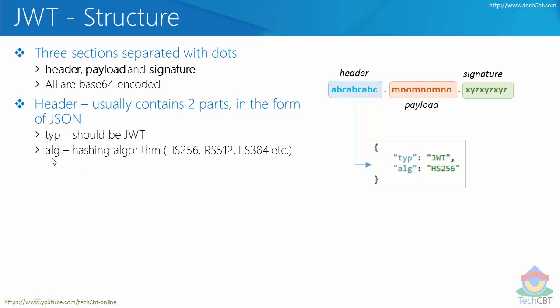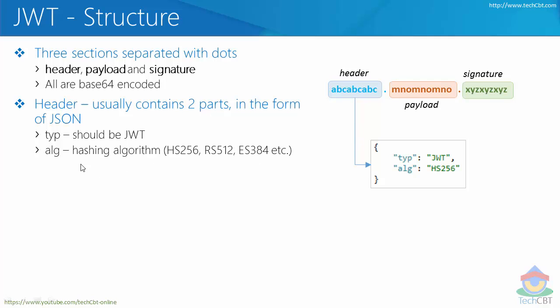The second one is algorithm. Whatever hashing algorithm you would like to use in order to get it hashed, you can mention that. You can provide HS256, like HMAC SHA 256, or RS512 or whatever. We have a bunch of those, and you can use any of those hashing algorithms to have that respective web token encrypted, signed and also hashed.